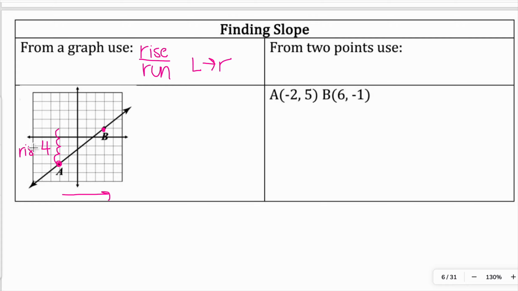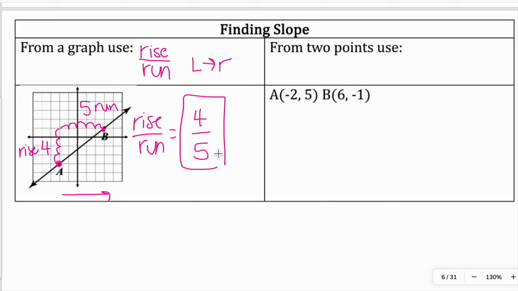My run would be 1, 2, 3, 4, 5. So in rise over run form, I'm going to write 4 over 5, and it's in simplest form, so I'd leave it there.